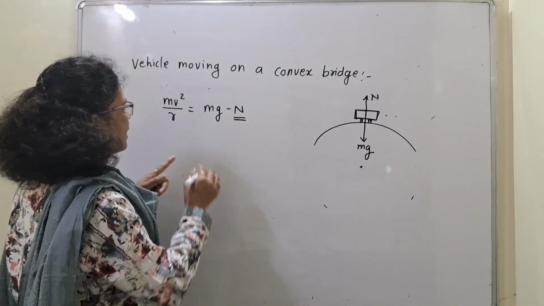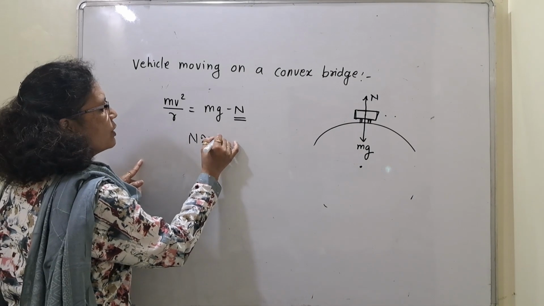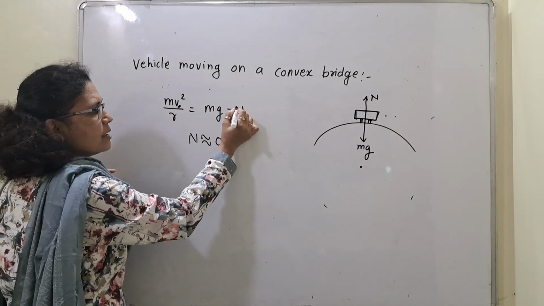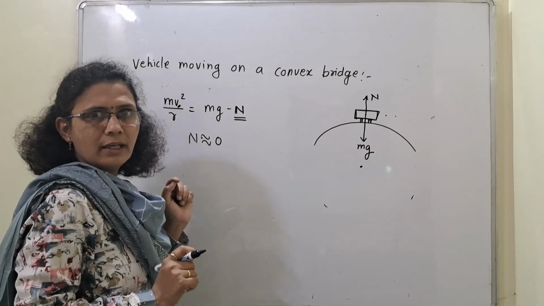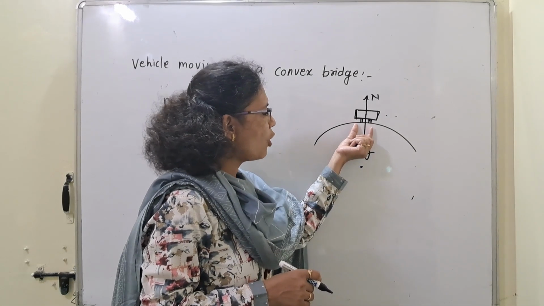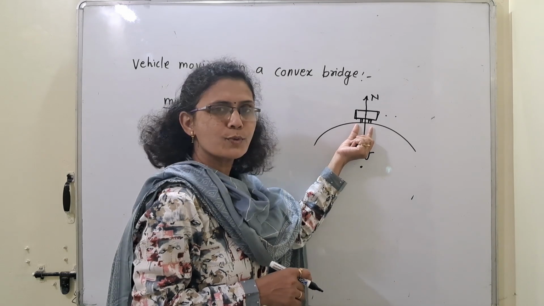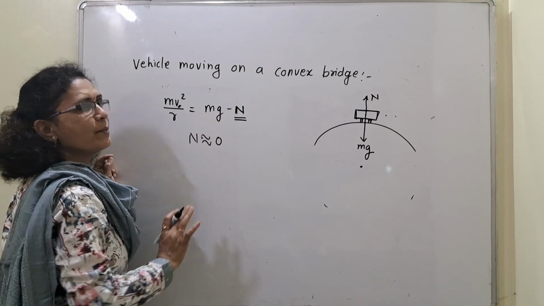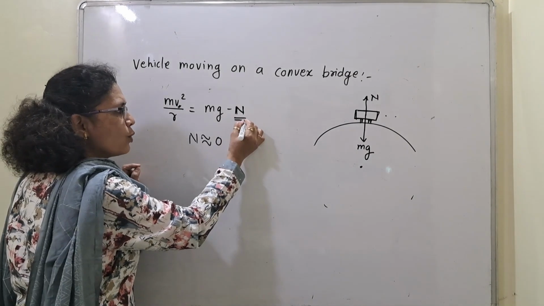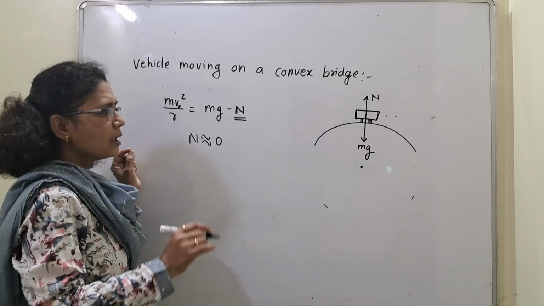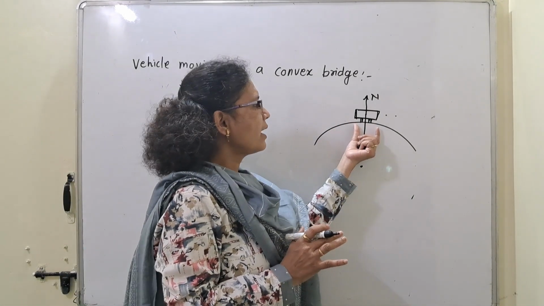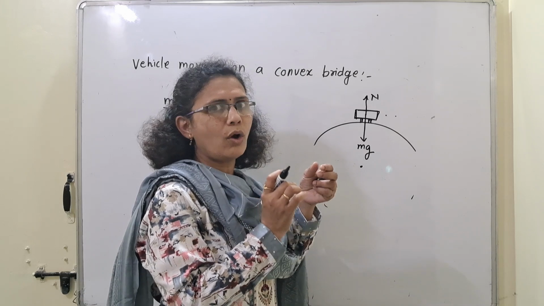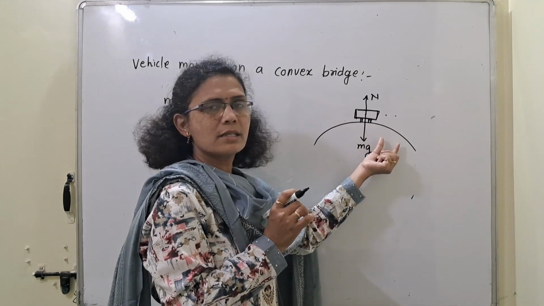Now here this normal is only to maintain the contact with the surface, right? So we can take that normal approximately equal to 0. See, if v goes on increasing, this N will go on decreasing. Then what will be the maximum speed of that vehicle at this topmost position? That will be mv square by r is equal to mg only, because this N will go on decreasing. The use of this normal reaction is only to make the contact of that vehicle with the surface.